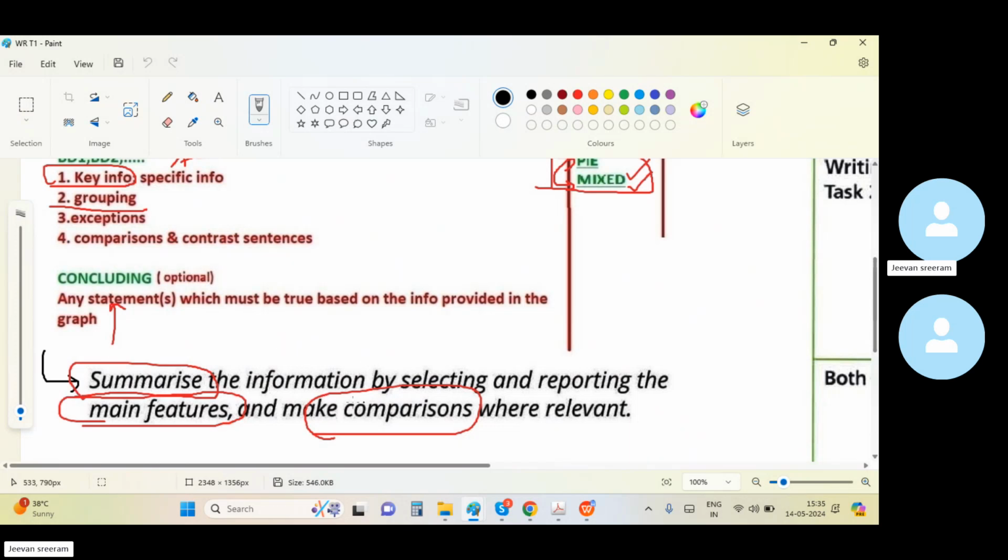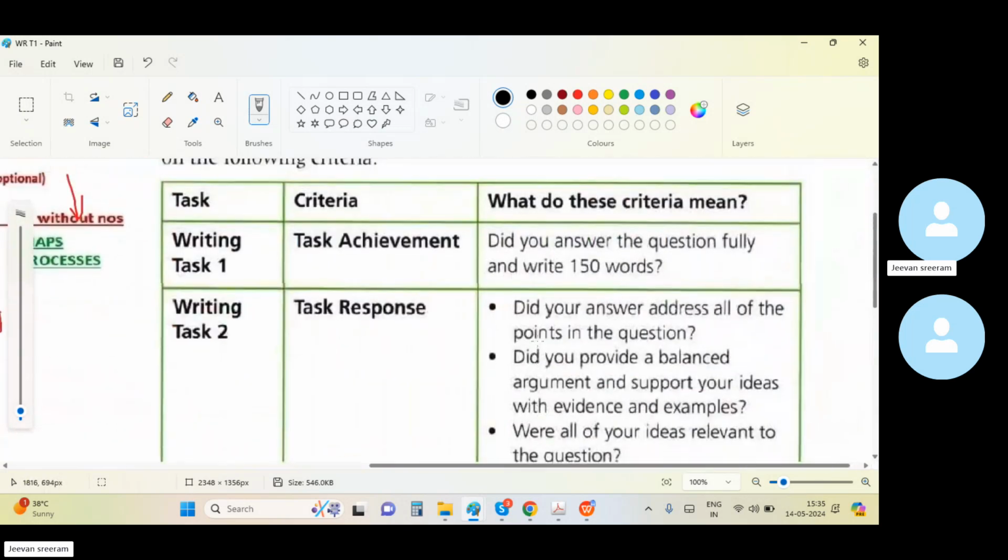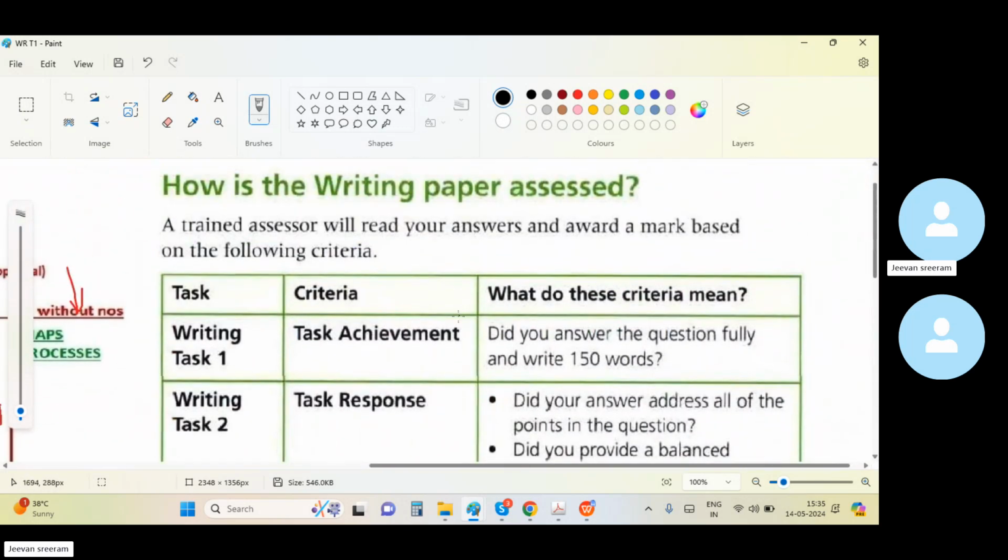And also we have understood the standard specific task instruction which follows any writing task. Let's understand the assessment criteria for writing task 1.